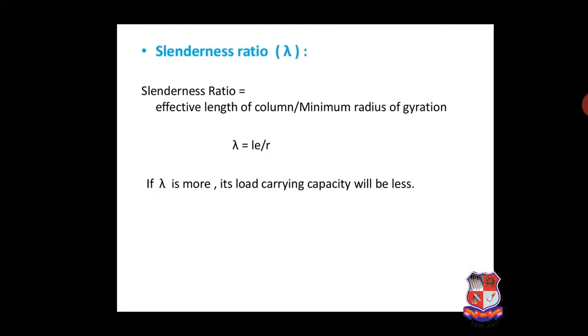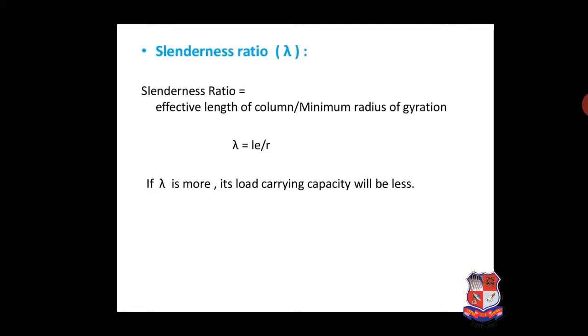In that steel table, for different loads and different sections, we can find out Rxx and Ryy. Of both values Rxx and Ryy, whichever is minimum is our minimum radius of gyration. So lambda, it means slenderness ratio, is equal to the effective length of the column divided by the minimum radius of gyration.